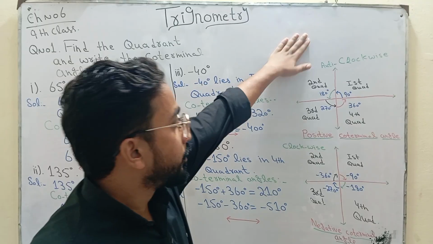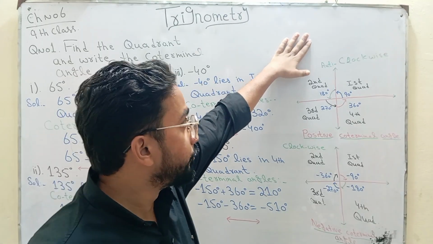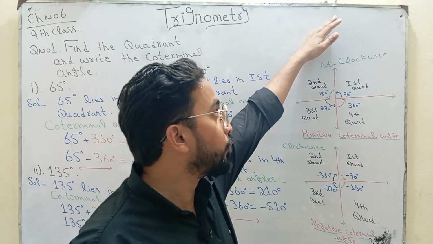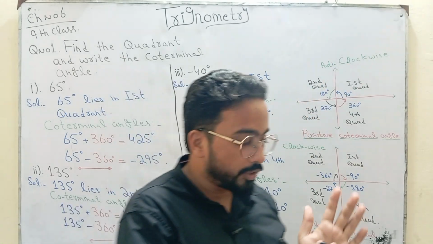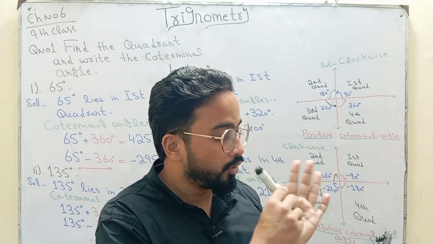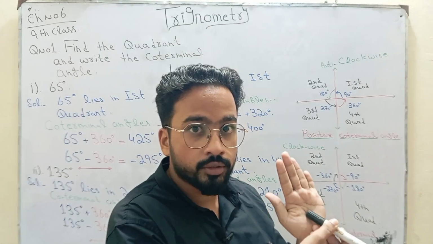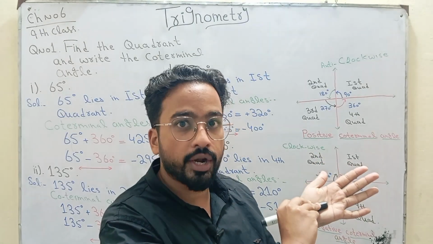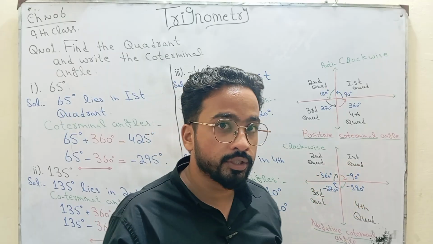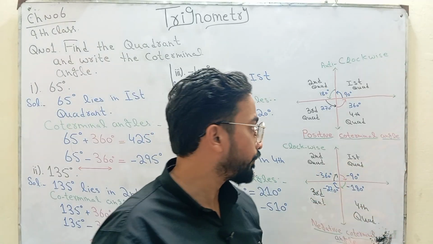Let's start. The quadrant is positive when our rotation is anti-clockwise. For example, in the previous lecture I told you about the rotation of a clock. If the clock rotates in the opposite direction, then our quadrant is positive.